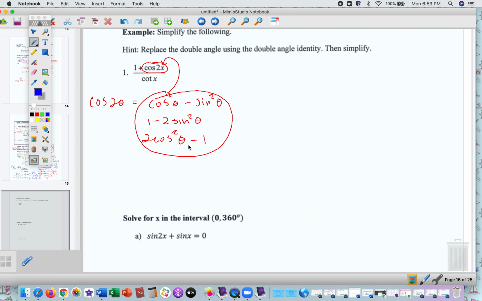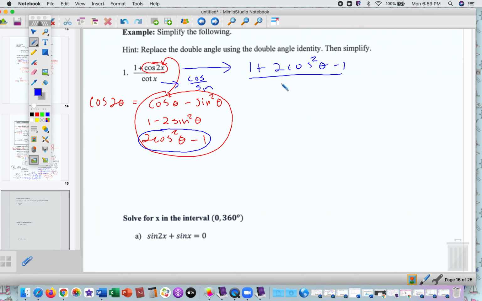I'm going to replace with 2 cos squared minus 1. And if we get stuck, we could try replacing with another. So I have 1 plus 2 cos squared theta minus 1 over cotan, we know is cos over sine.